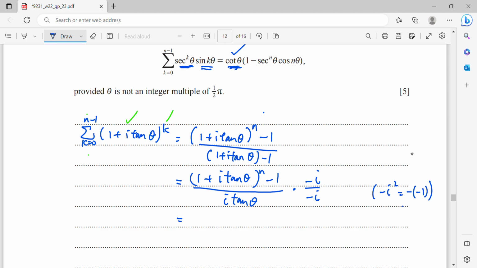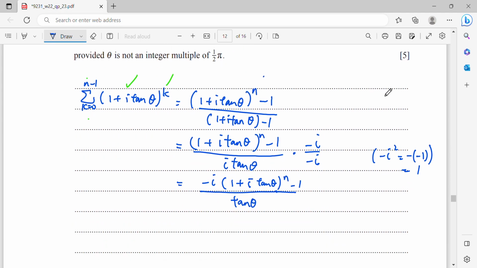Therefore, you get 1 here. So now I will get tangent theta. Then the minus i, you can take it out if you want. So you can write minus i here, then (1 plus i tangent theta) to the power n minus 1. Okay, I do it step by step. Then now the tangent theta, I take it out or move up, it becomes cot. So minus i cot theta.